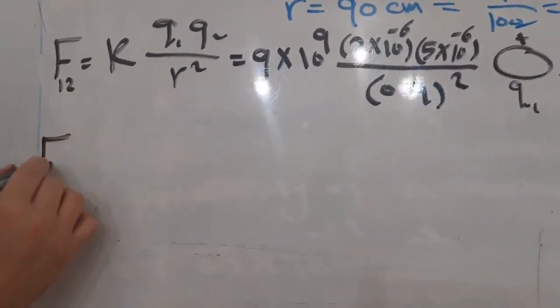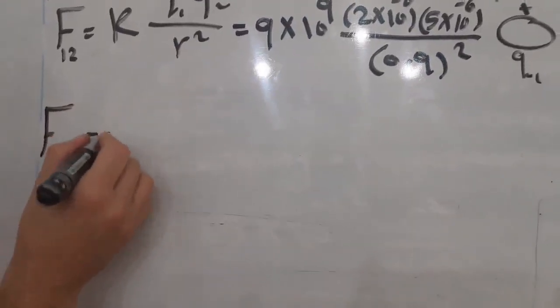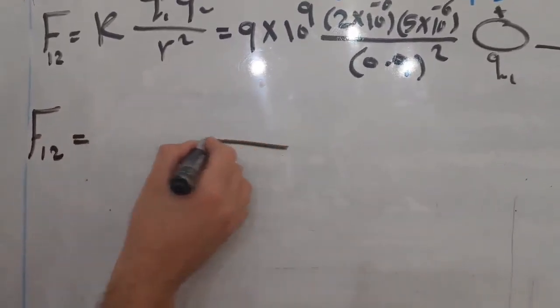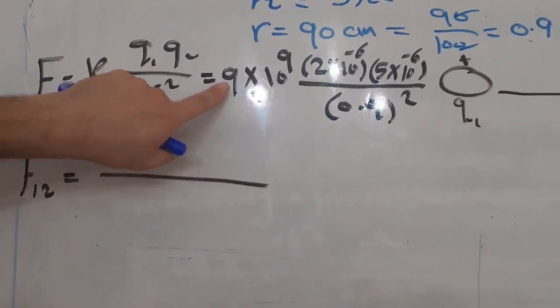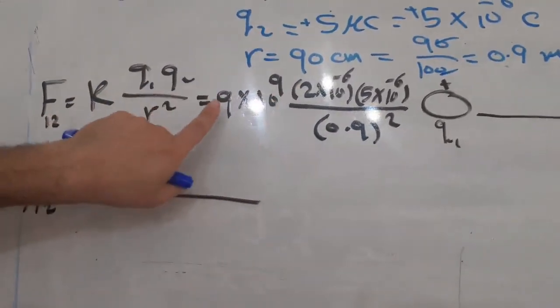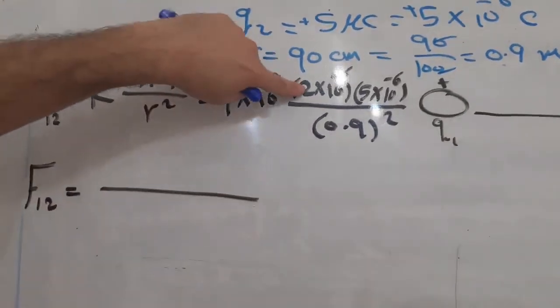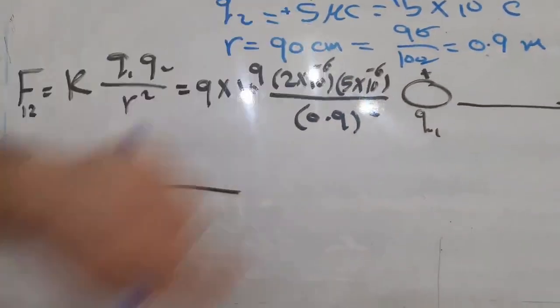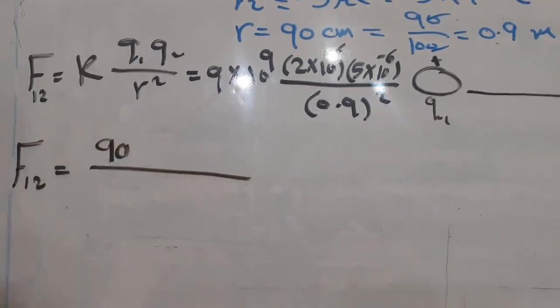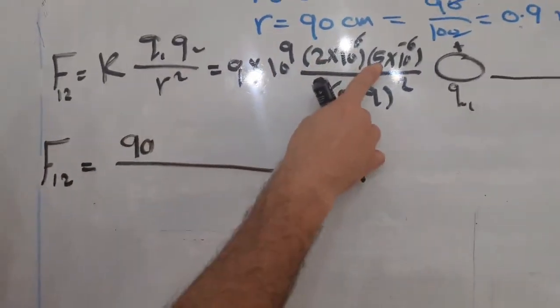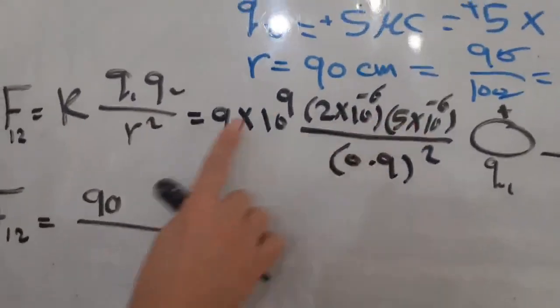Mathematically, it's very easy. Okay, now I multiply the numbers first: 9 times 2 times 5 equals 90. 2 times 5 is 10, 10 times 9 is 90.